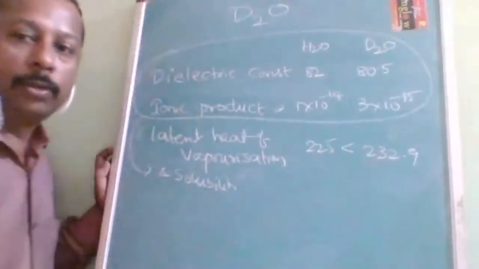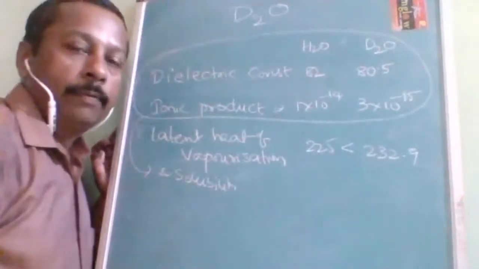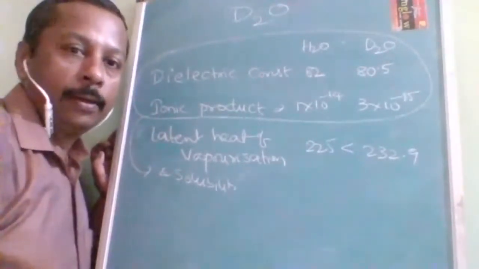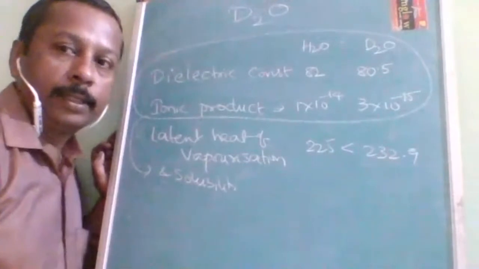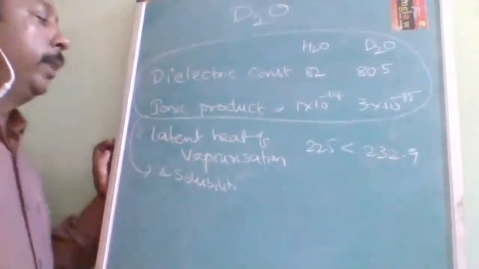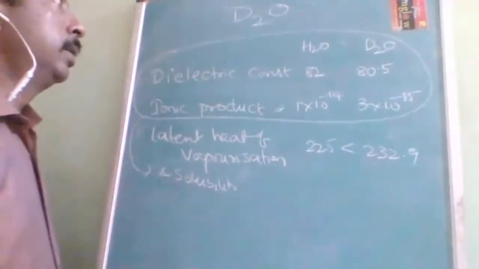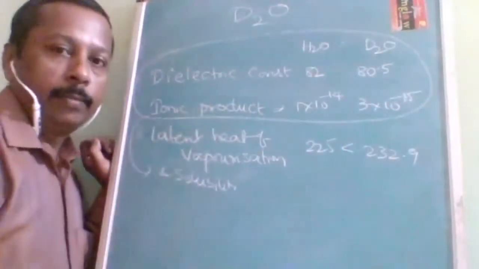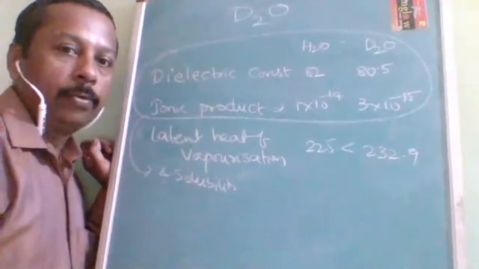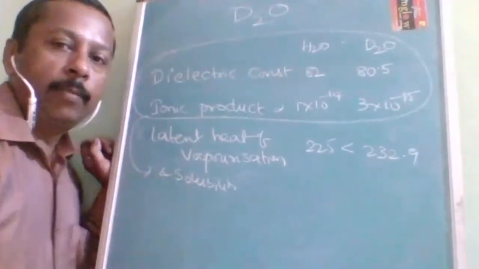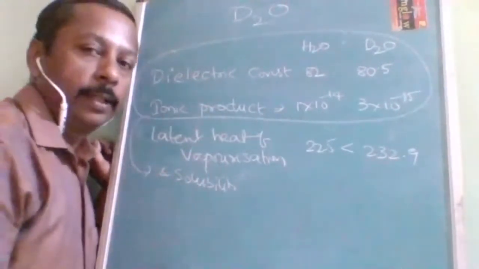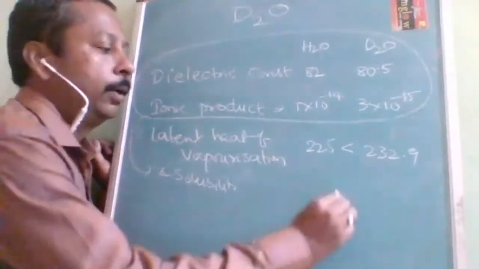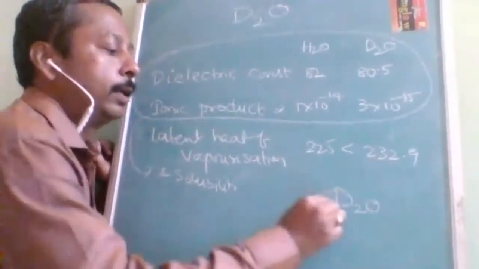Now questions will be on which is more acidic and which properties are more. Mainly, what you have to remember is that there are two properties which are very important. Out of H2O and D2O, every property will be more for D2O, since the mass of D2O is greater than H2O.